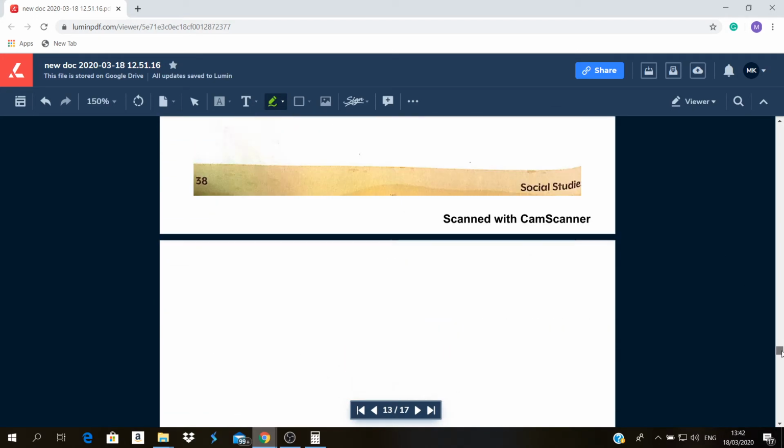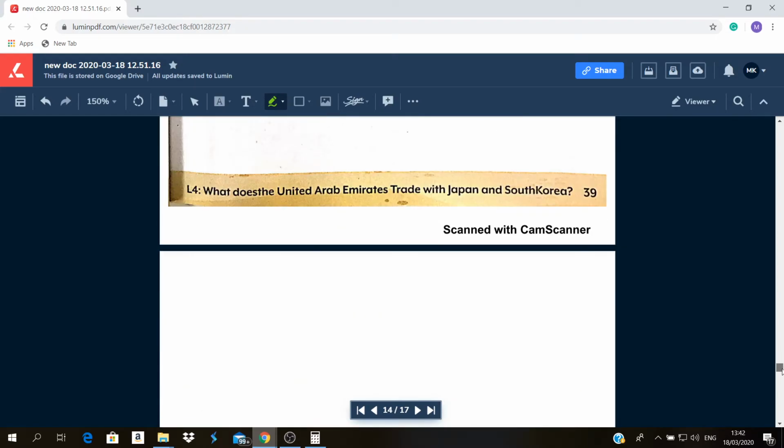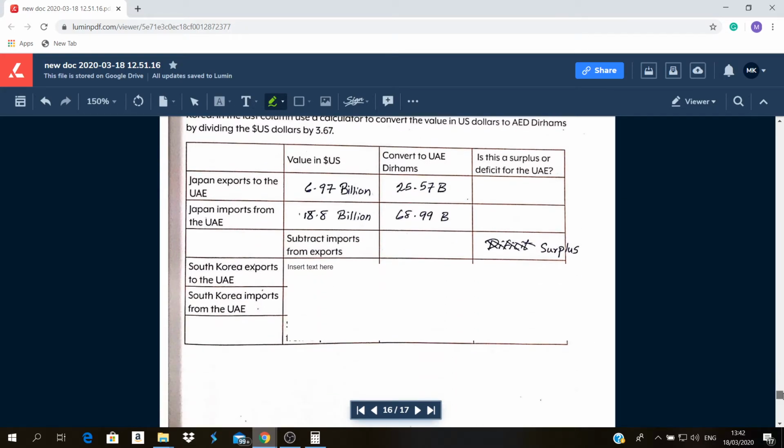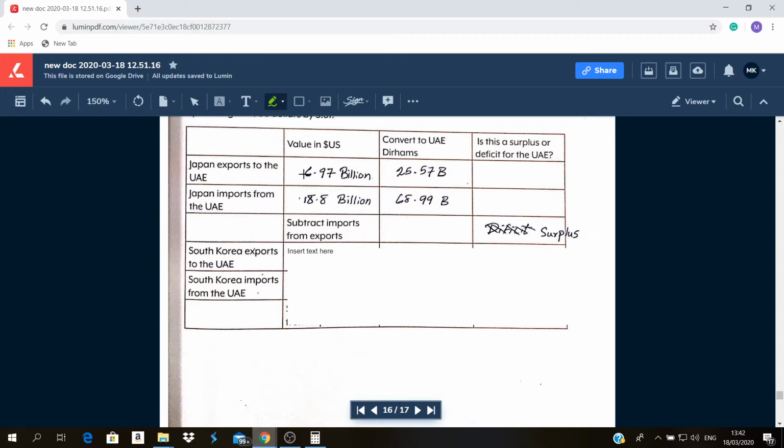Let's calculate. So 6.97, 18.8. Now, is it surplus or deficit? Let's do it. Japan exports to the UAE.